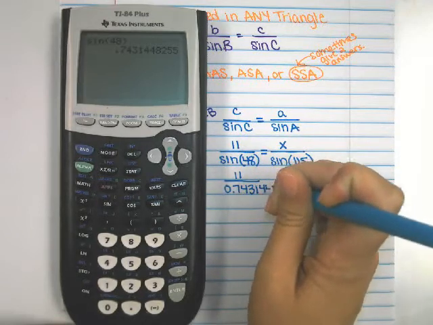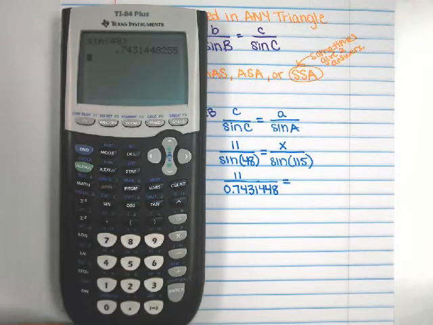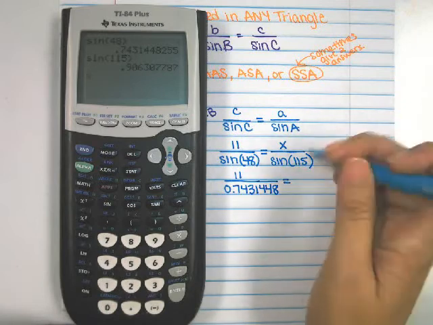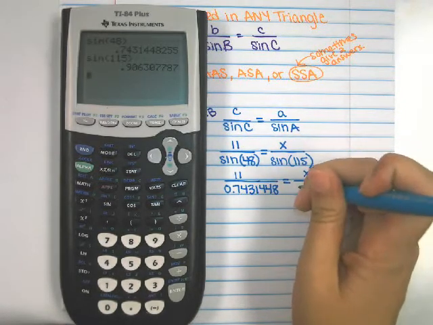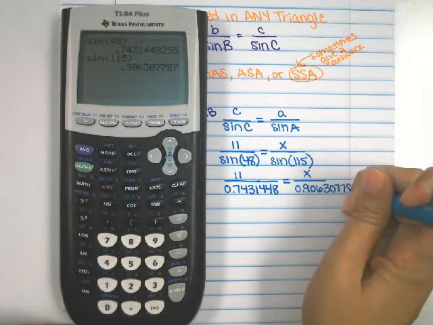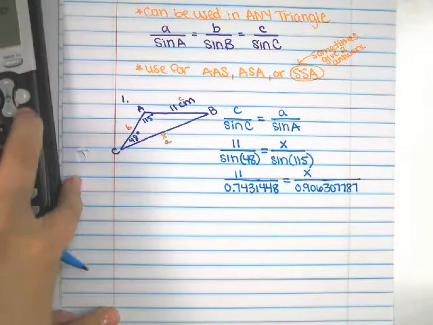I'm going to put a couple extra decimals just because I'm going to have two of these, so I might not be able to directly use it. Sine of 115. Okay. Now we could actually divide those numbers.